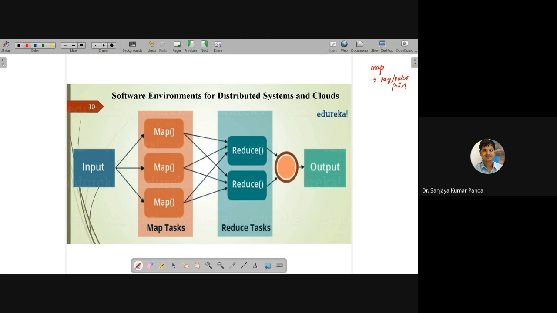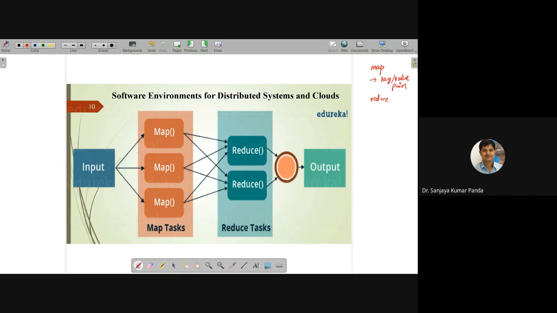And there is another function called reduce. This function is responsible for merging all intermediate values with the same key. Some key is there with one reduce function, some key with another reduce function. So our objective in the reduce function is to merge all such intermediate values with the same key.